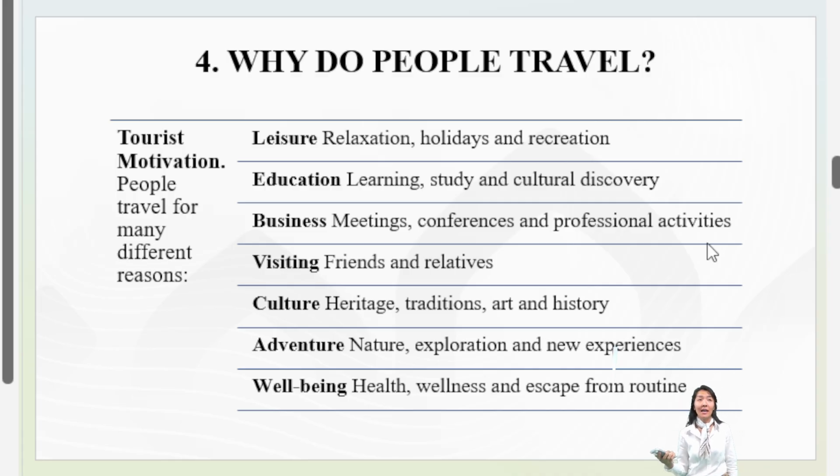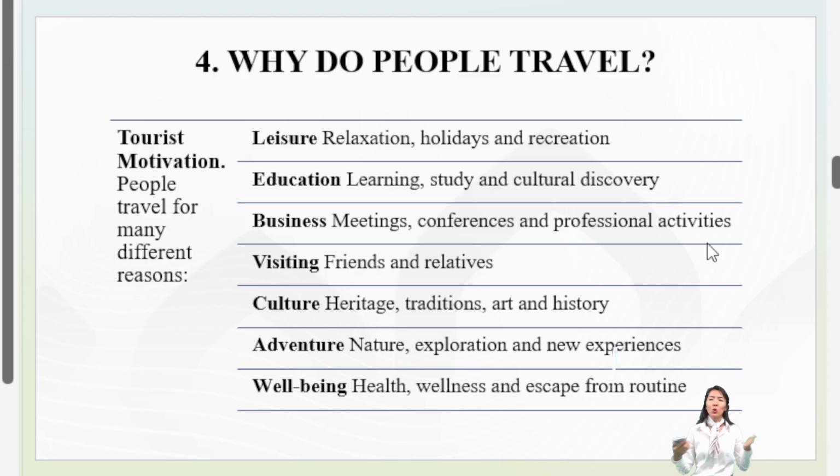Why do people travel, and who travels? Do you know? We should understand tourist motivation, which is very important in tourism, because people travel for many different reasons. For example, leisure: relaxing, holidays with family, or recreation. Secondly, education: learning and getting knowledge around the world. Or business trips: meetings, conferences, or events.